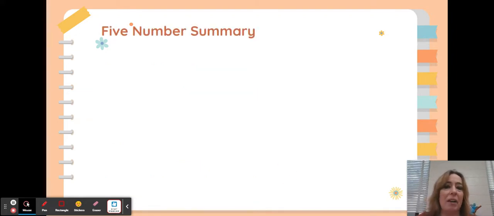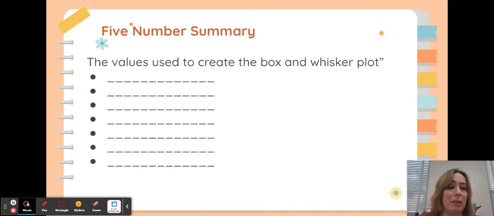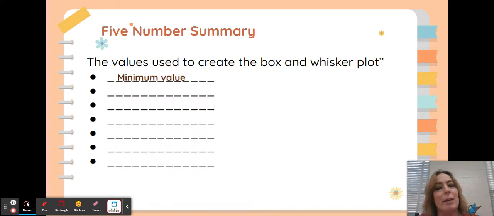Okay, what is a 5 number summary? Well, there's lots of pieces, and there's not just 5. So these are the values you use to create the box and whisker plot. First one is the minimum value, so whatever the lowest data point is, that's what you put first.